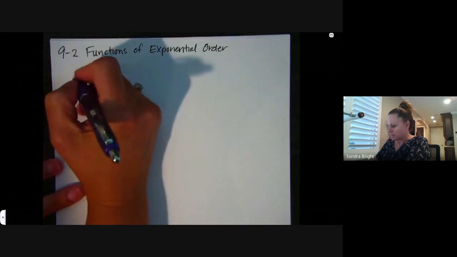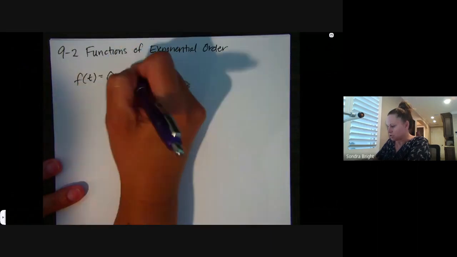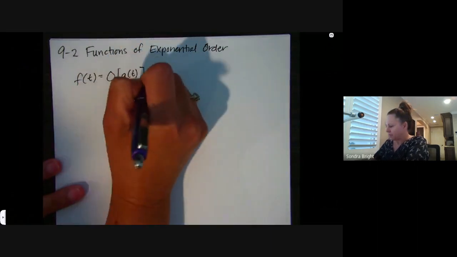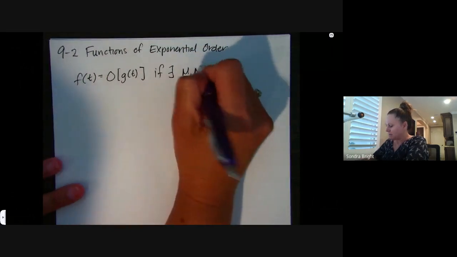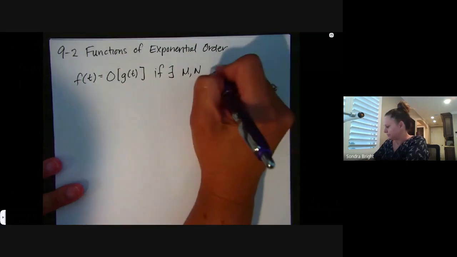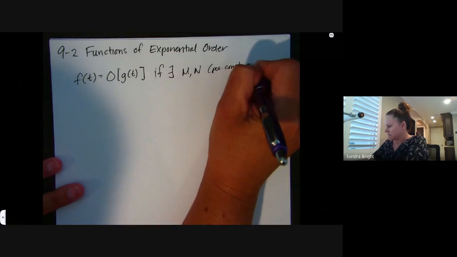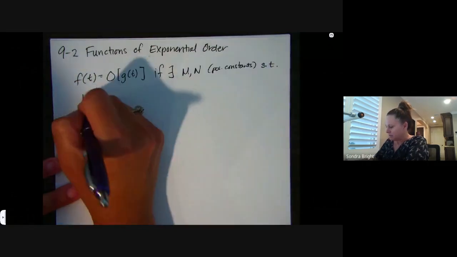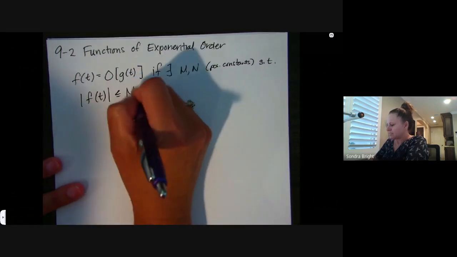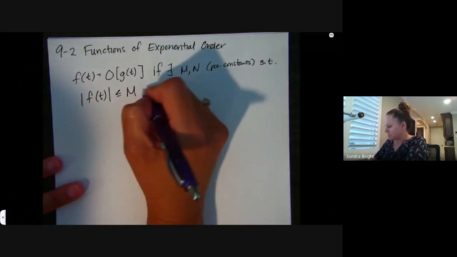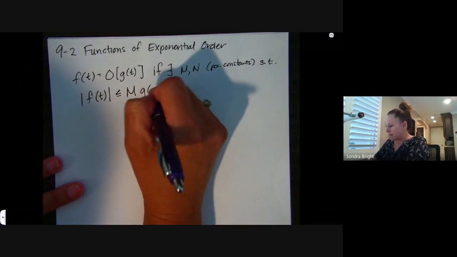I'll write this part: f of t is of the order of g of t if there exist m and n positive constants such that, that's what we care about, the absolute value of f of t is less than or equal to some constant times some function, and that's for all t greater than n.